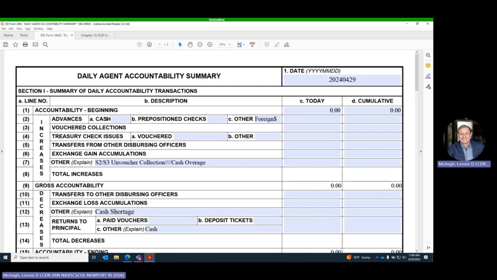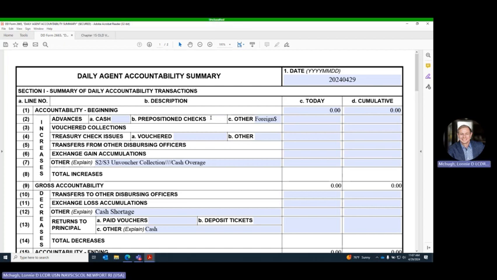As you can see, this can be cash, pre-positioned checks, or foreign currency. Cash is pretty self-explanatory. Pre-positioned checks are checks that the disbursing officer would write to the deputy so they could cash them at a future time. This is valuable if the deputy is going to need cash in the future and the disbursing officer won't be there.